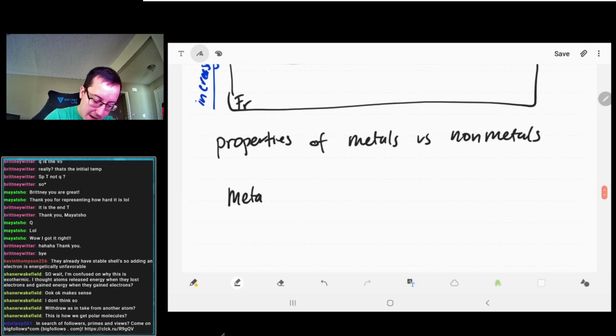We're going to see that metal oxides are basic in water.